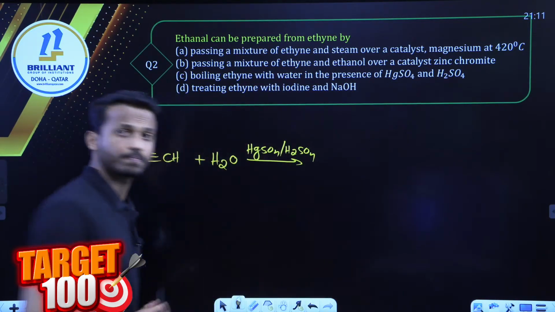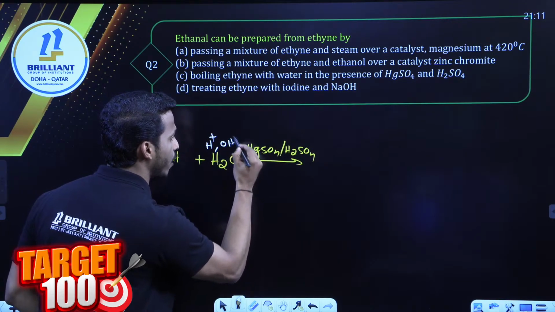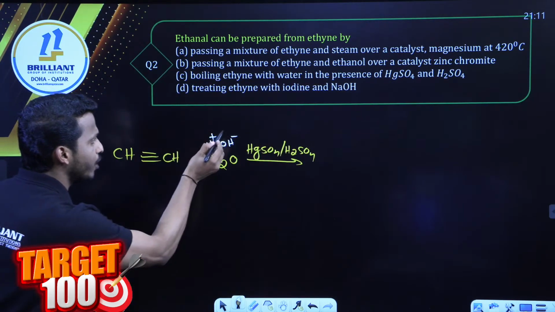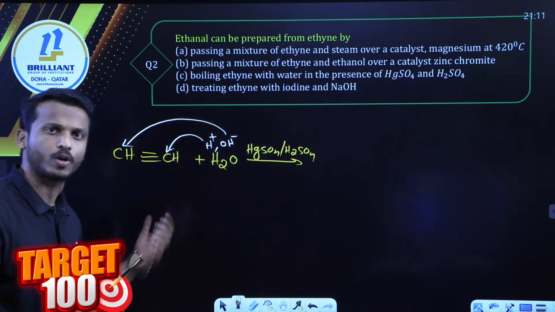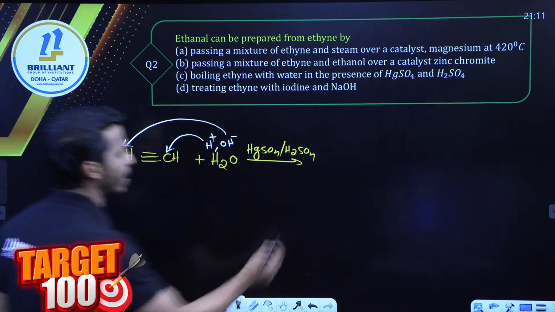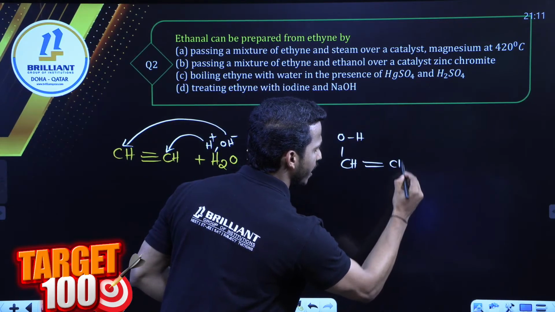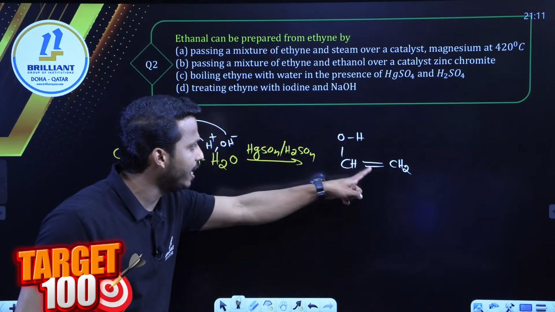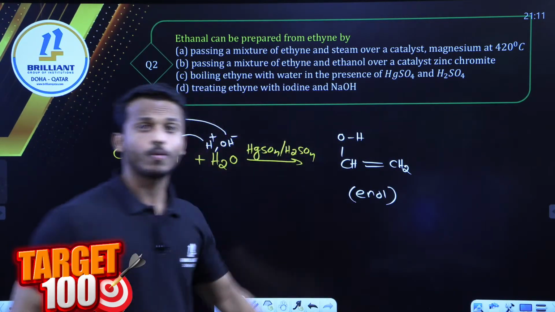What is happening here? H2O contains H plus and OH minus. OH minus we can add to one carbon, H plus we can add to one carbon, because Markovnikov addition is not possible. So OH comes to this carbon, you will get CHOH double bond CH2. It has ene and ol, it's called enol.